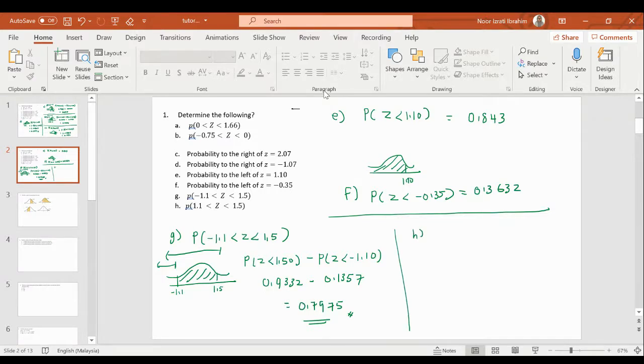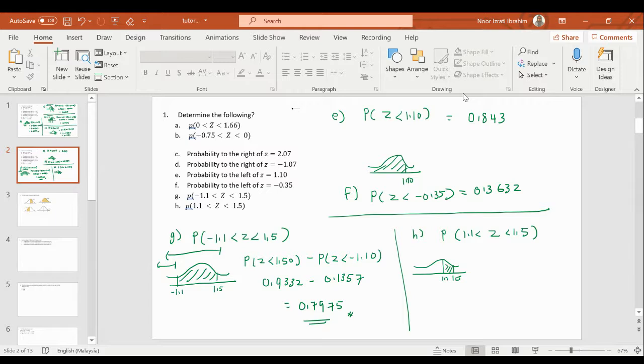H, also between the two values, to find probability when the Z is in between 1.1 and 1.5. So to find this, draw the region. 1.1 is around here, 1.5 is around here.